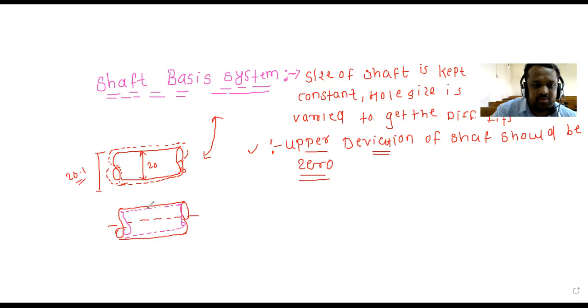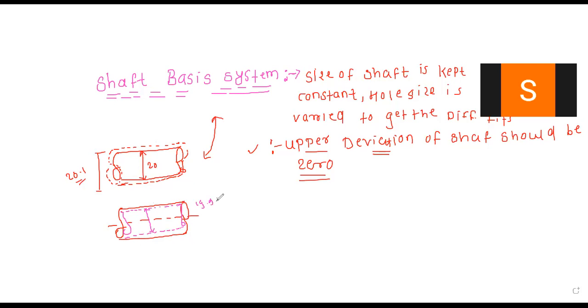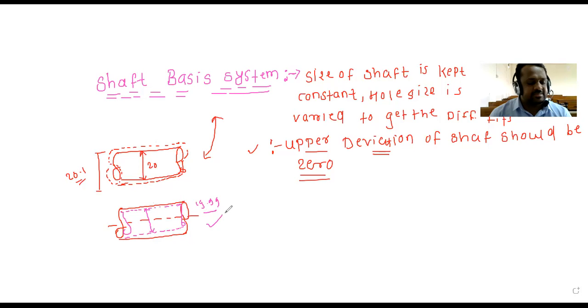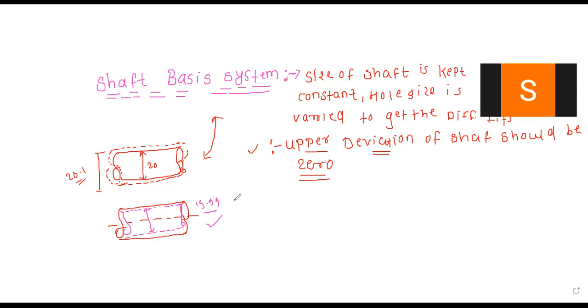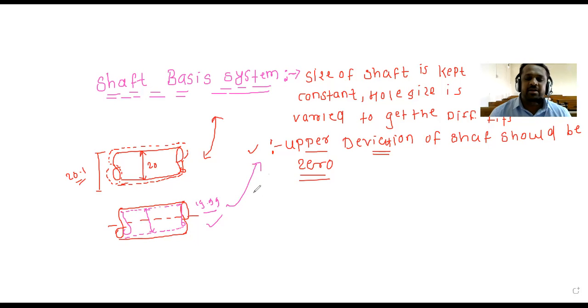If such a shaft is manufactured, is it acceptable? Yes, sir. So here the upper deviation should be 0 and the lower deviation is allowable. If you make a slightly smaller shaft, again it is acceptable and it is a shaft basis system. That point you have to remember.